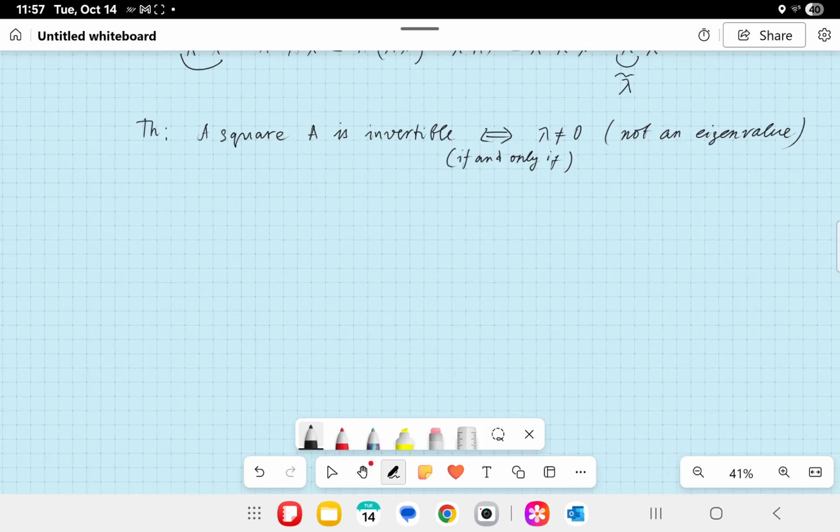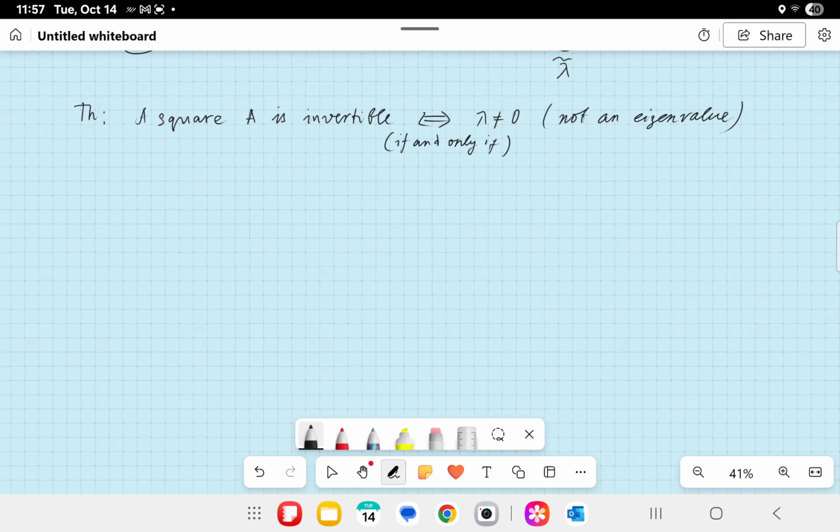Well, how are we going to prove it? From some previous lecture, I think that was chapter 1, we know that A is invertible if and only if the determinant of A is not equal to 0.